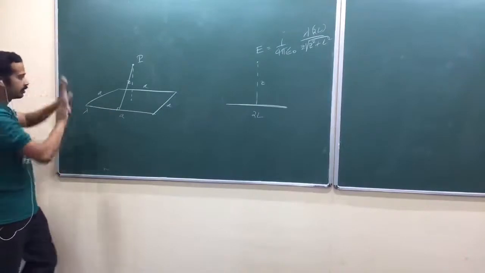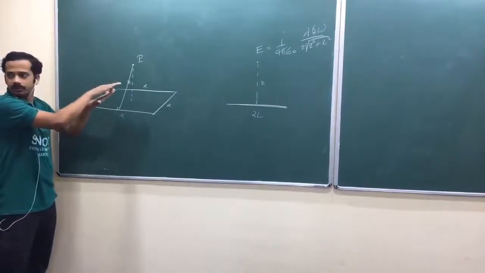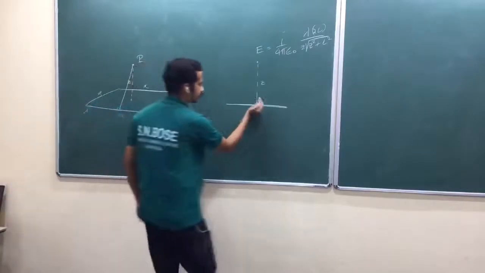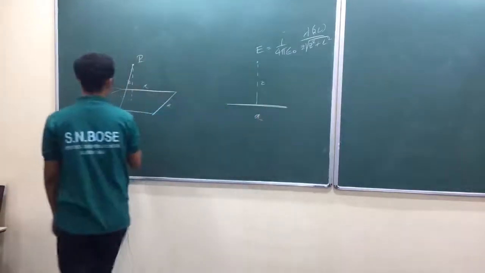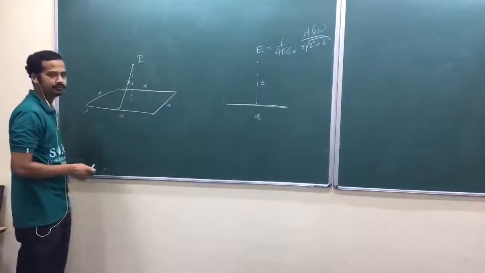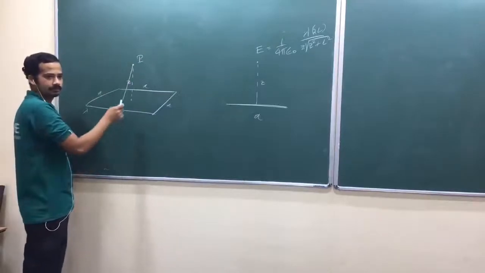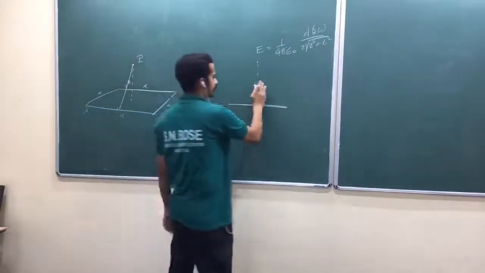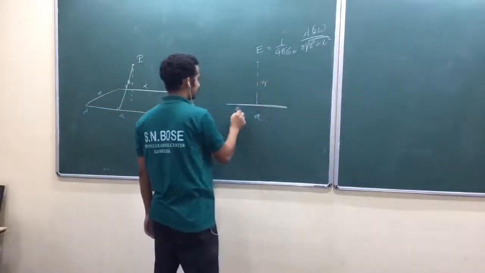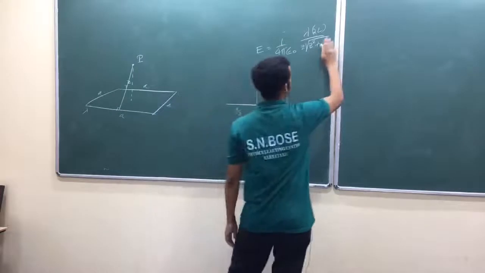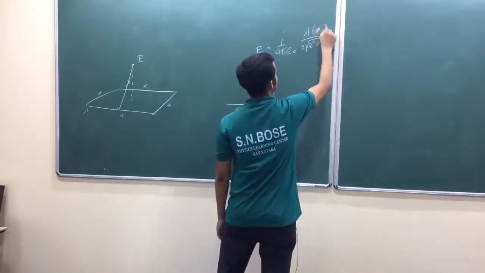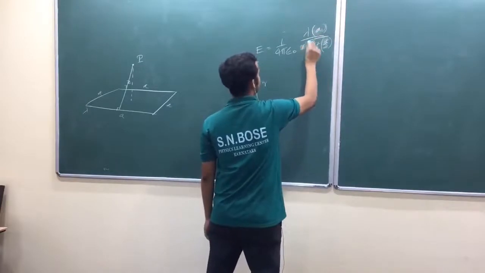Now this is your A. Shall I take this one as R? Now this is R. If this is A, this is A by 2. That's why L should be replaced by A by 2. 2L is A. Is that okay? In place of Z, let me put R.